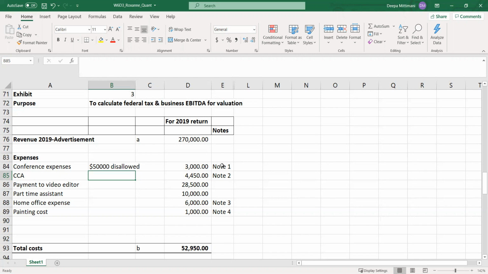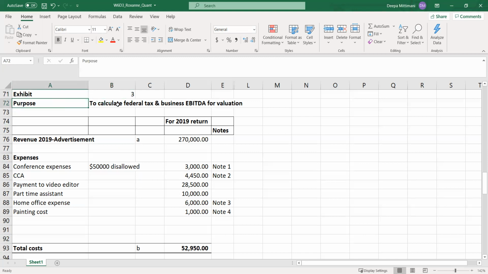Another thing while drafting any exhibit: get into the habit of creating a similar format, so that it's easier for you to cross-link it to your memo and it's just faster. What I used to follow is I used to write the exhibit number here, then the purpose.